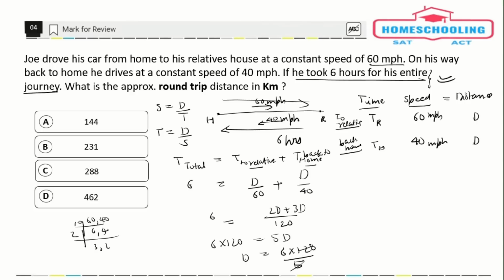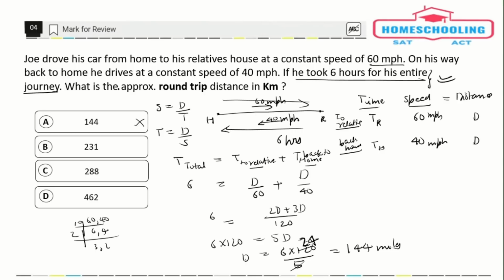Let me see if everything is correct or not. Sorry, I made a mistake here. 5 will go 2 times, then 24 times. So this will be 24. So 24 into 6, that is 144 miles.